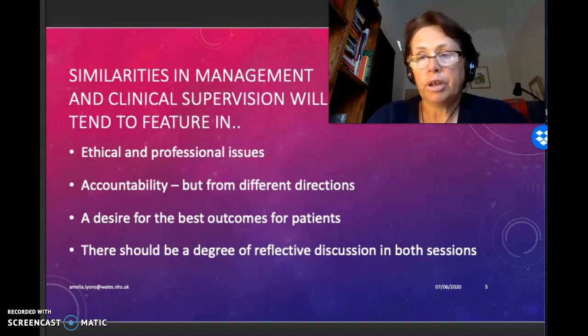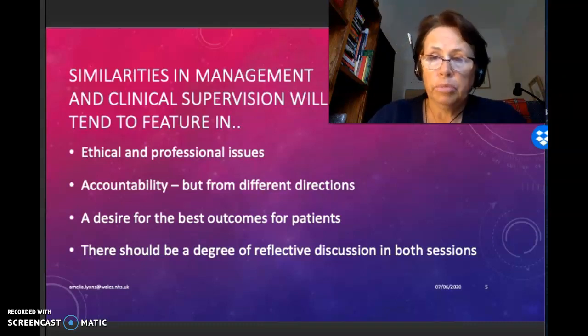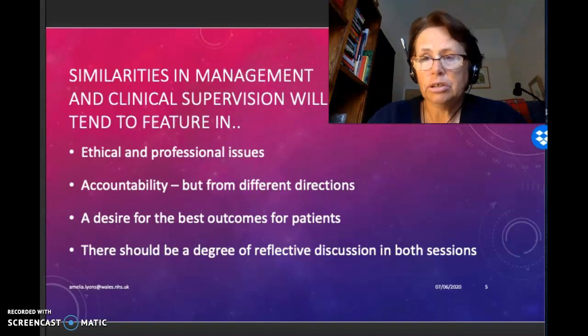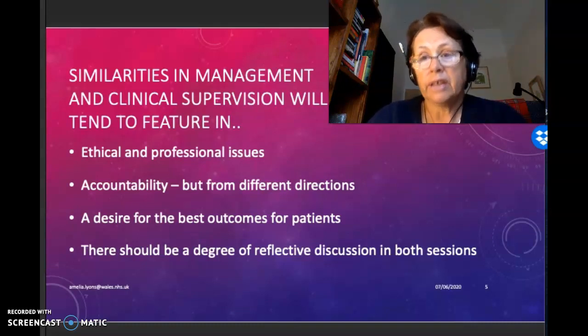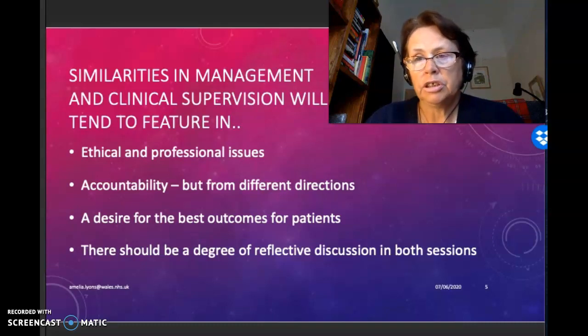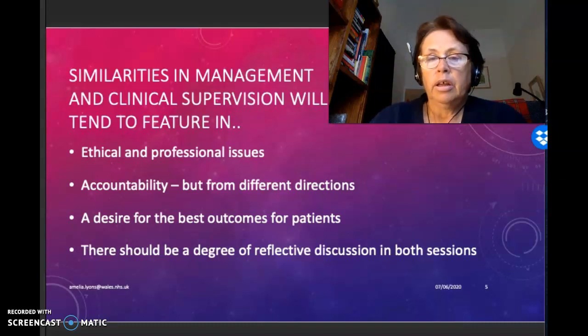And indeed, if something like, say, a drugs error appears in clinical supervision before management supervision, then it's immediately referred back to management supervision via the supervisee in the first instance, of course. But if the supervisee wasn't willing to bring it back, then it would be up to the clinical supervisor to do that. The accountability is there as well, but probably from different directions.